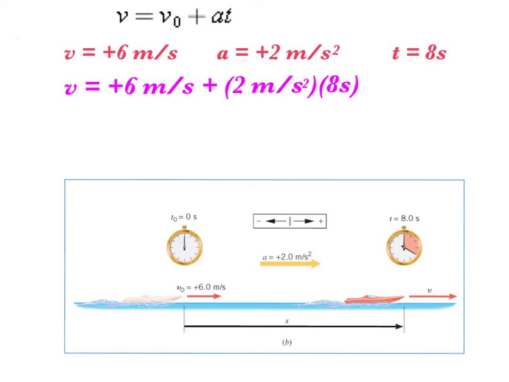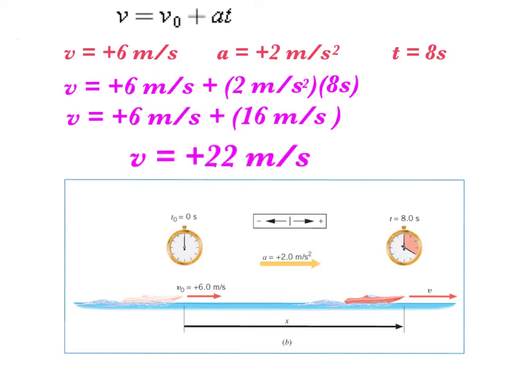Now, our order of operations tells us that the first thing we should do is multiply 2 meters per second squared times 8 seconds. This gives us the equation final velocity is equal to 6 meters per second plus 16 meters per second. And finally, we come up with a solution that our final velocity is equal to 22 meters per second.